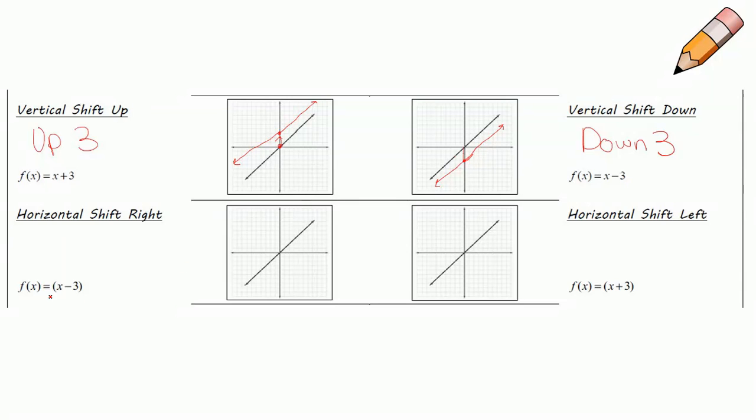Now, what about this? Notice this doesn't look much different, but it's actually in parentheses. It's a formality that you're going to see a little bit later. So notice if I still graph that same line that we did before, right there, notice how this moved to the right 3.